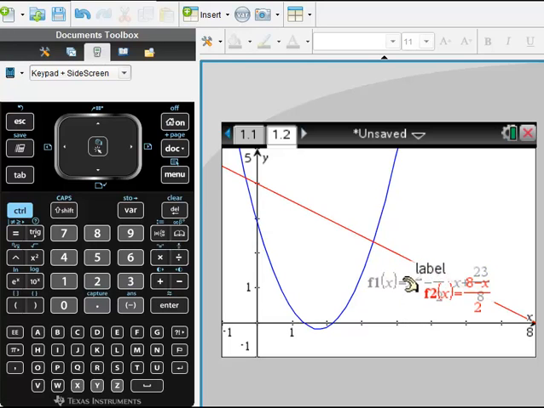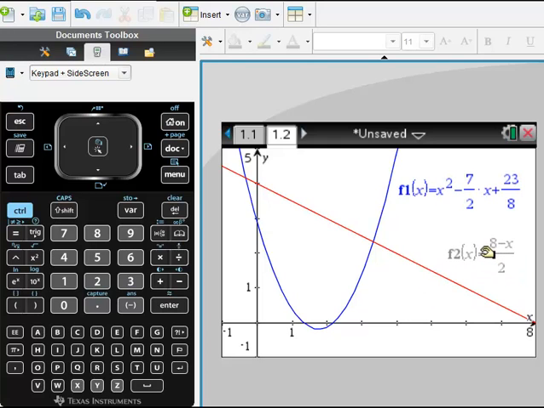Let's move these labels a bit. This can be F1, this can be F2. Alright, starting to look a lot nicer. Now I see the bounded region, but I want it to be very prominent, like shaded.